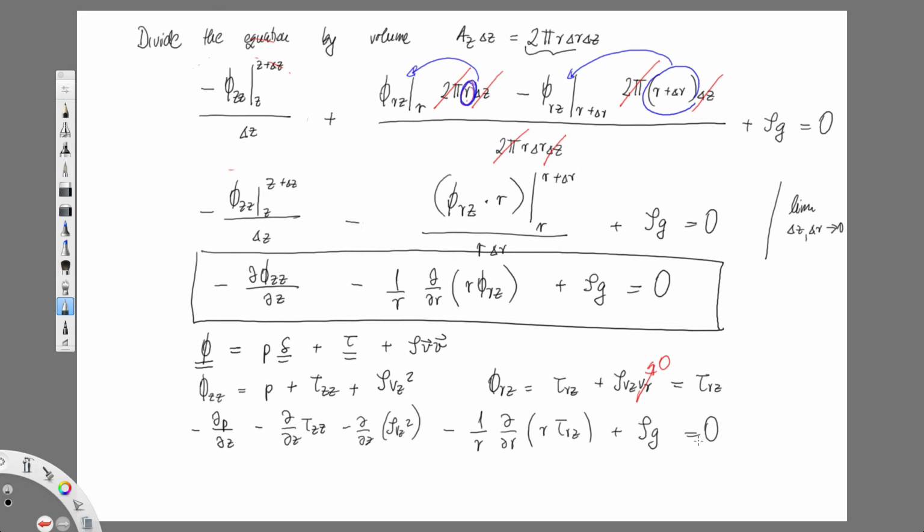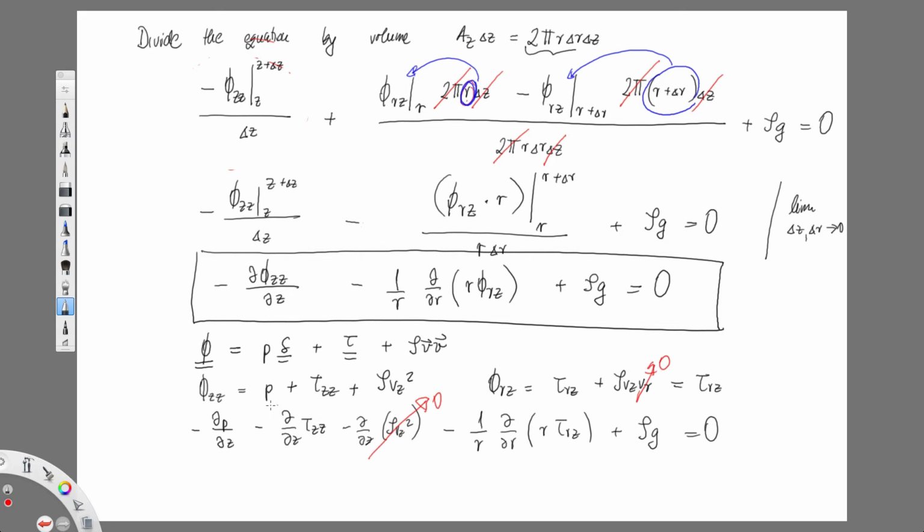Does my vz depend on z? No, so I have some other stuff too. How about this term? The partial z, this term. How about this term? Same. What about it? So tau zz would also depend on a derivative in the z direction, which I don't have that dependence.